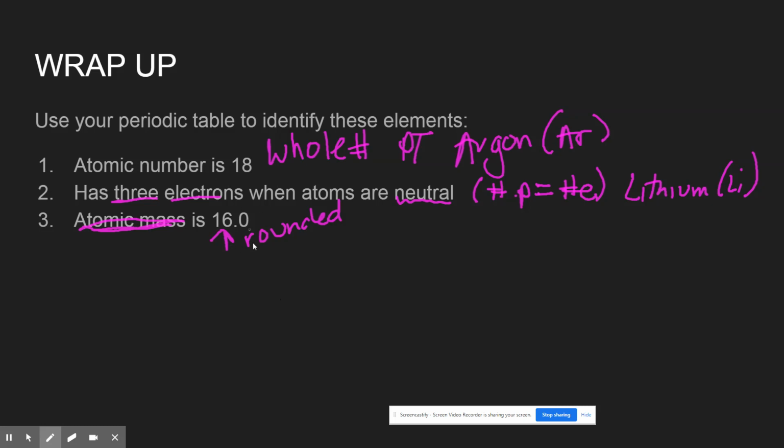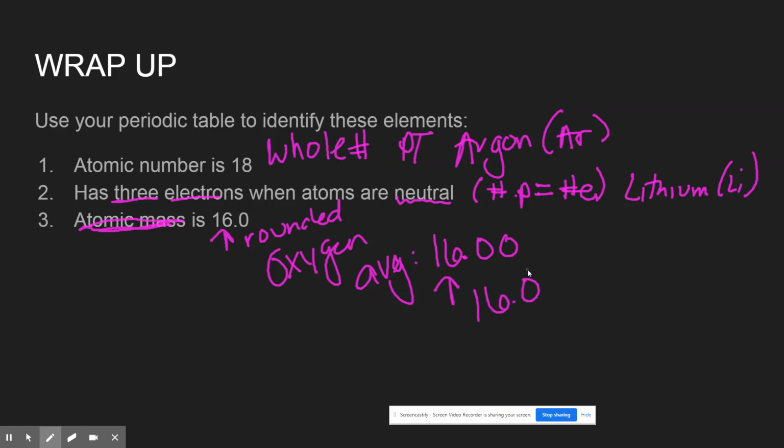Well, since this is a rounded number, it could be anything close to that, but thankfully for us, oxygen has an average of 16.00, which when we round this, it gives us the same number.